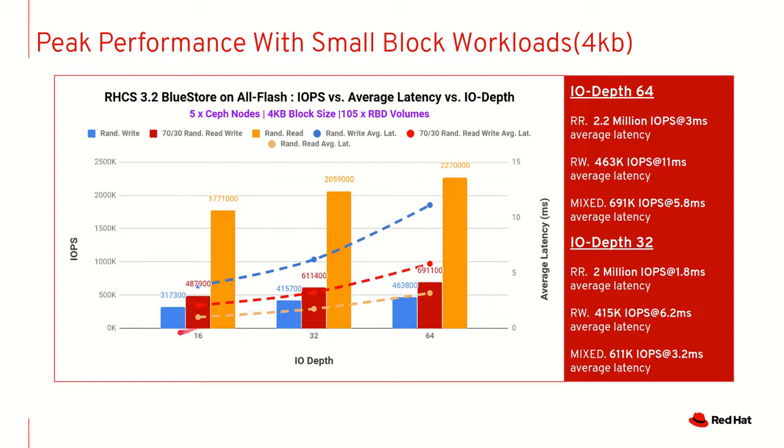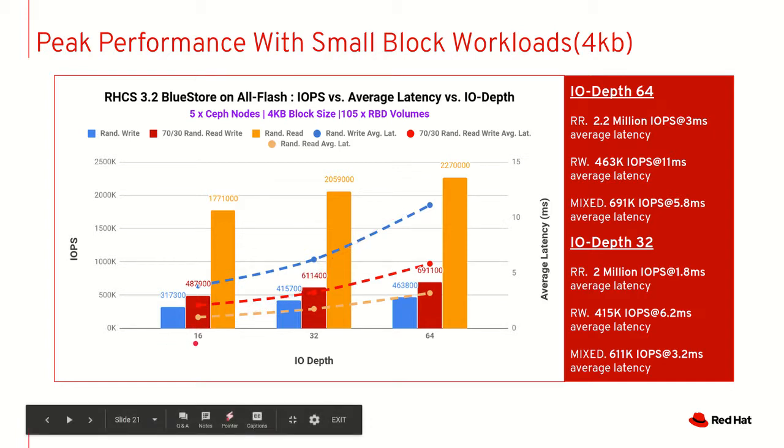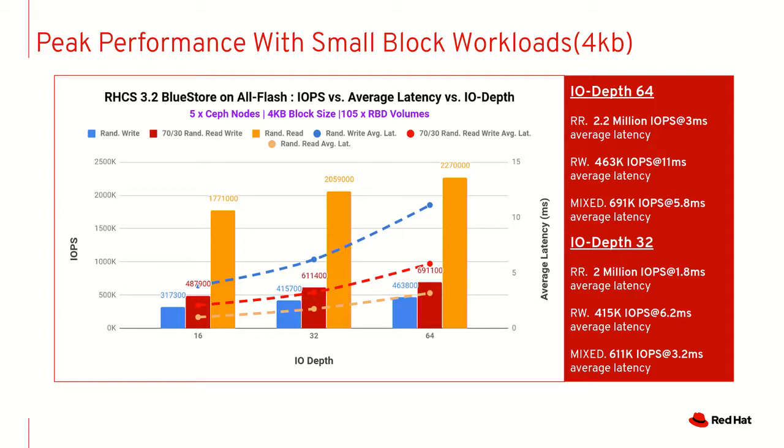On the horizontal axis, we have the IO depth of the clients, and we increase the IO depth. So we have 16, 32, and 64. Using higher IO depths increments the number of simultaneous IOs that the clients are pushing to the servers. So we are actually incrementing the load on the server.